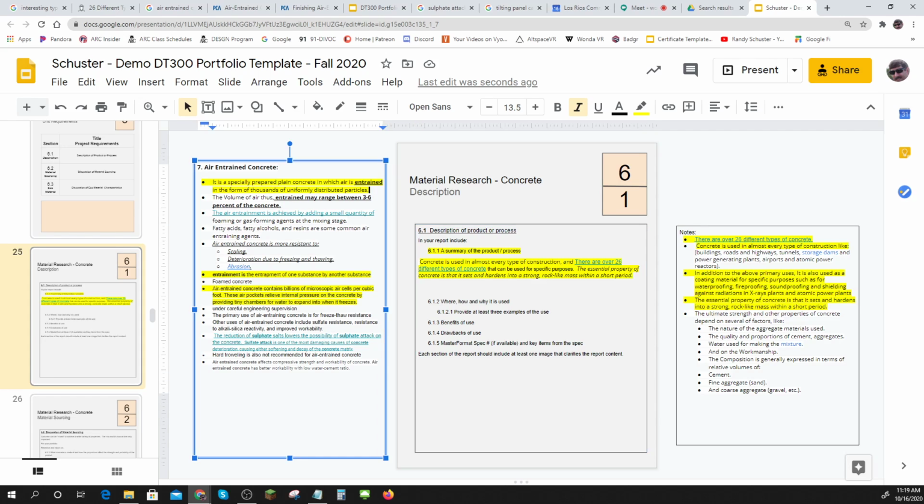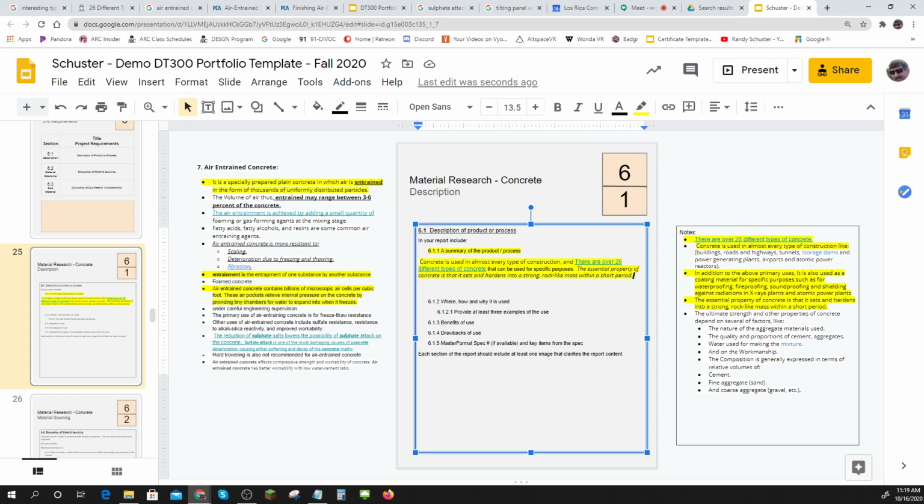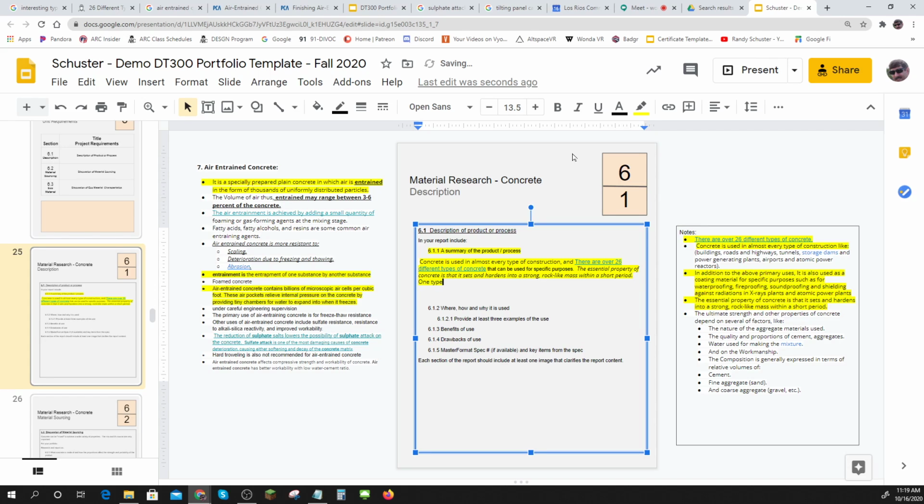So now I can say that one type, and I'll get rid of italics, one type of specialty concrete is, so actually I'm going to change it around now.